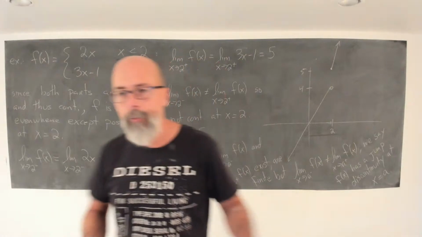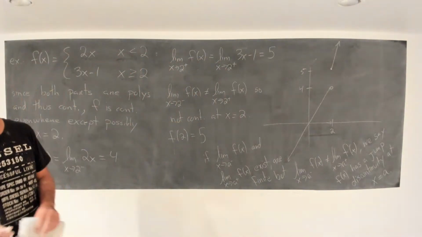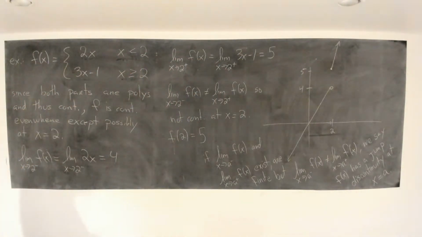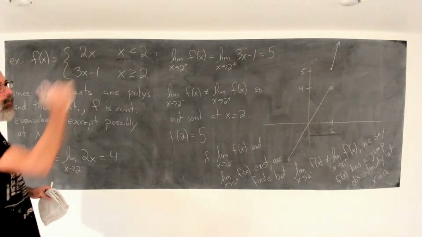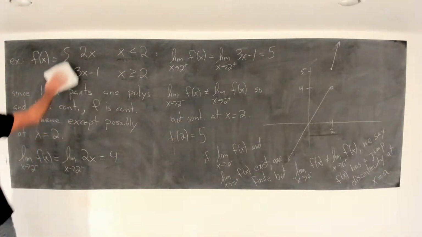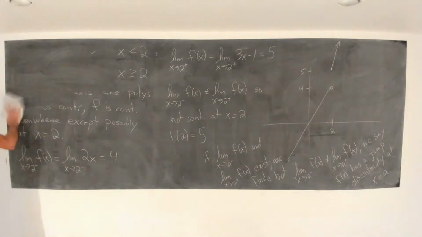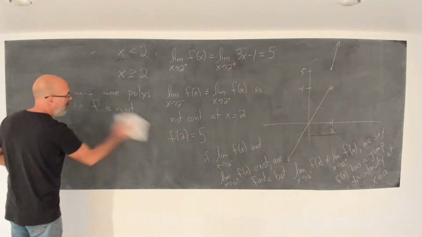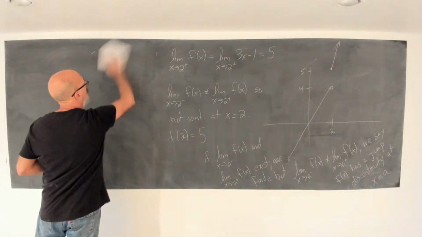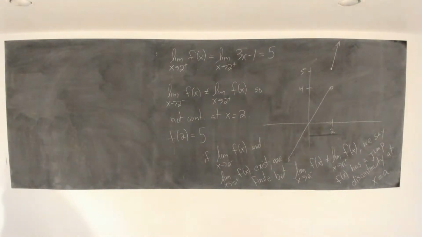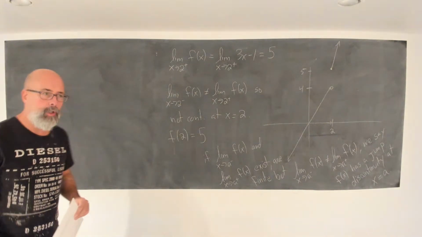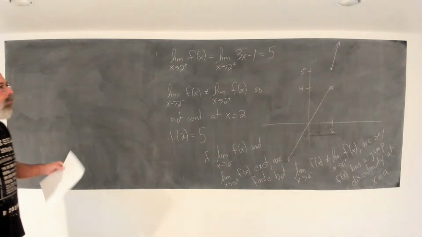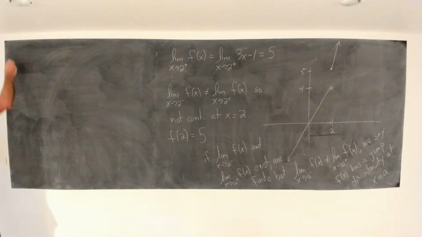We have a jump discontinuity, because in the graph, you have to jump from one point to the other. Let's do a few examples from the book. We'll see other kinds of discontinuities and we'll address them when we get there.